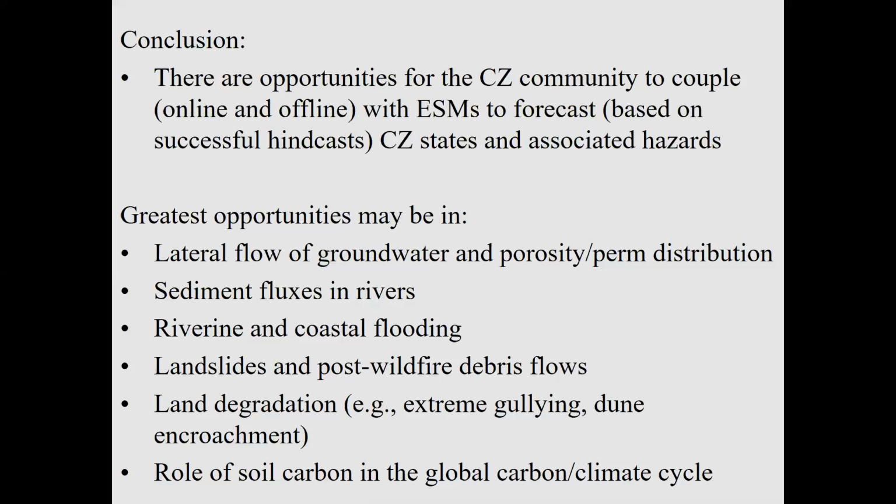One of the things I'm trying to emphasize here is that Earth system modeling makes direct predictions about things that affect people's lives in only a few cases. If you're talking about heat waves, then obviously that's a very direct hazard that is associated with death, and it's a direct impact on human health and safety.